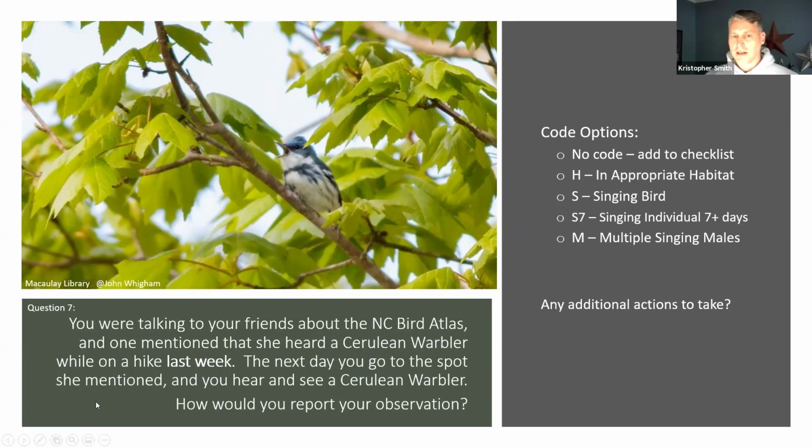Your options: no code, coded as a cerulean warbler in the number that you saw; H, inappropriate habitat; S, singing bird; S7, the singing individual's been there for 7 or more days; M, multiple singing males. Your friend told you about it last week while you're playing cards, and you decided to go out and find that cerulean warbler.